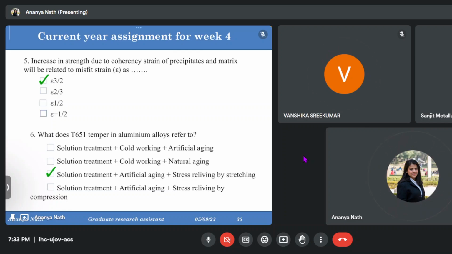By stretching, what do we do? Tension is written. Which stress is relieved by stretching, tension or compression? Tension. Now with tension, the atoms will want to come back to their original position if you stretch it, so it's like a tension inside the lattice.